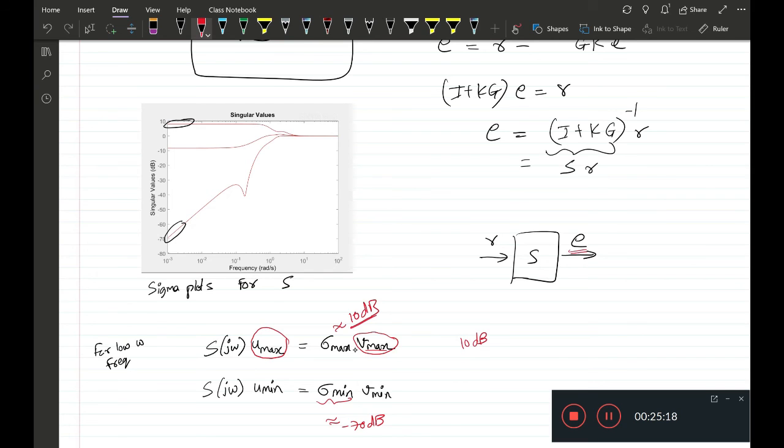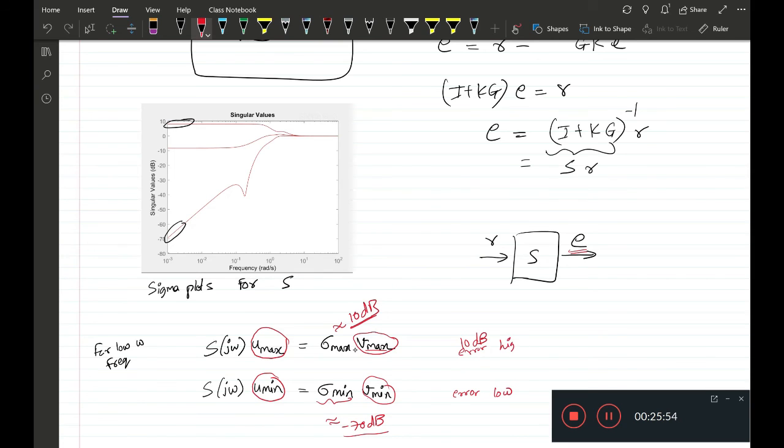On the other hand, if my input is a sinusoid along the U min direction, note that U max and U min, V max and V min are all 3×1 vectors here, my output would be minus 70 dB, which is quite small along the V min direction, and so my error would be quite low, and here my error would be quite high.